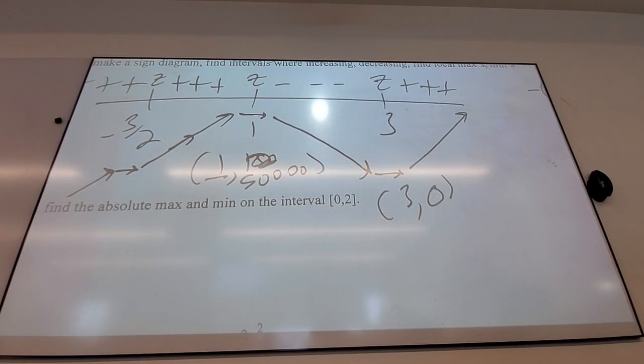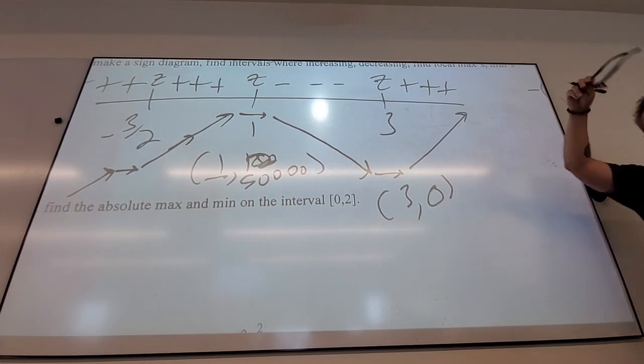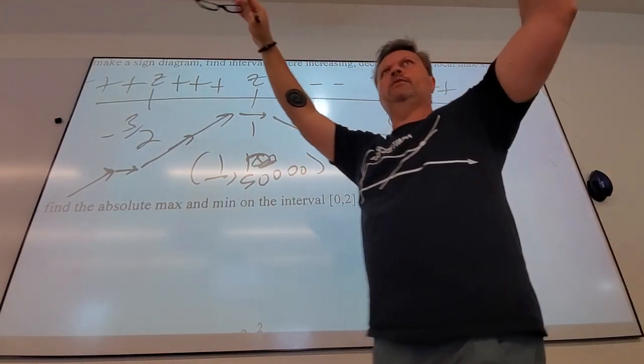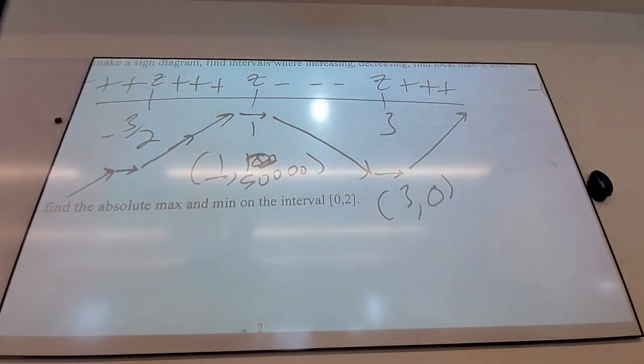The last thing we need to talk about, to really formalize everything we discussed earlier on that first sheet, is how do I get the absolute max and min? Absolute max and min are great. The only place an absolute can occur is at the endpoints or at a critical number.